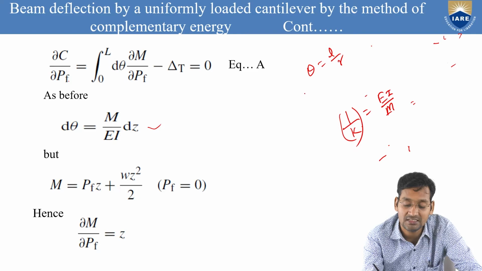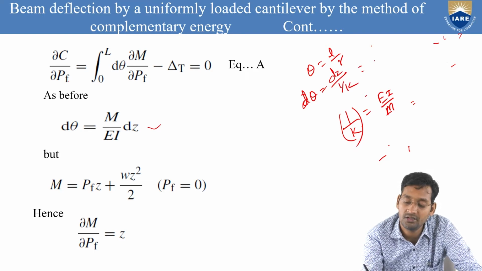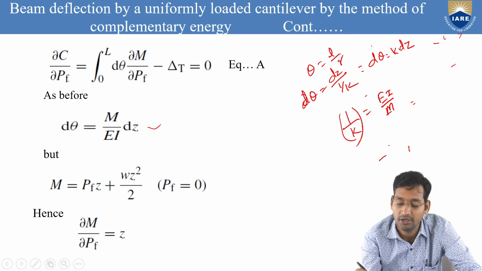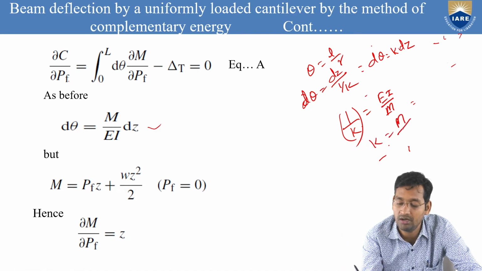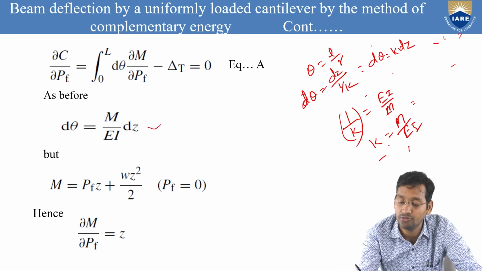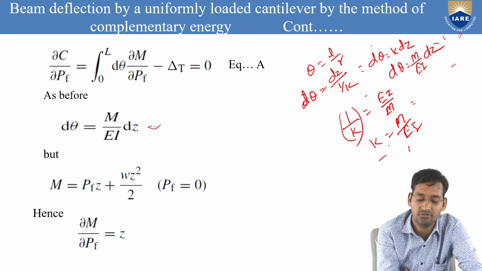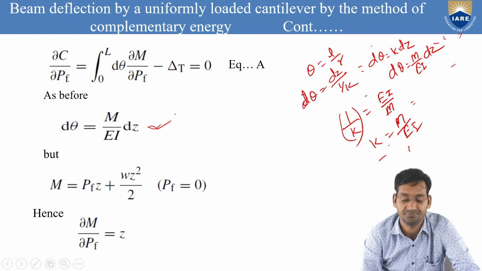Here dθ equals L, which is dz, by 1 by k. So from here we get dθ equals k into dz, right? Now what is k? Take the reciprocal, so k equals M by EI. Substitute here, so dθ equals M by EI into dz. So this is dθ.